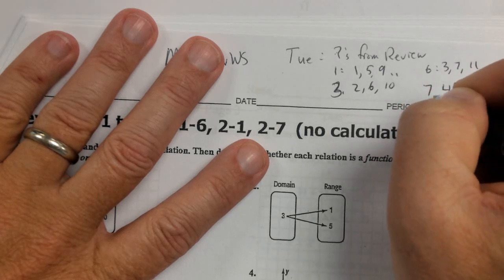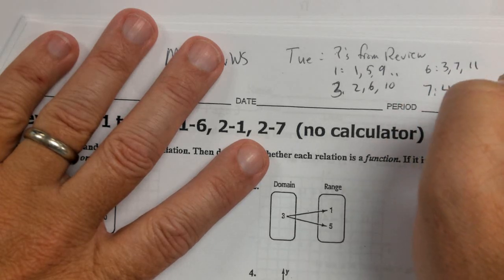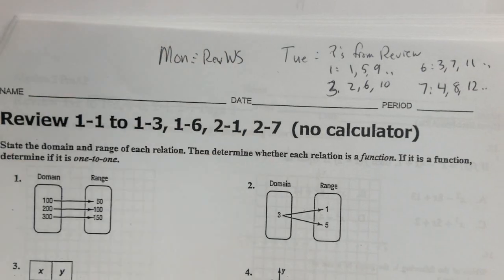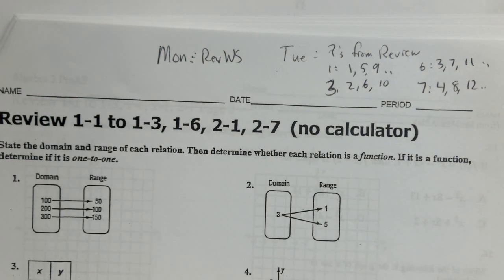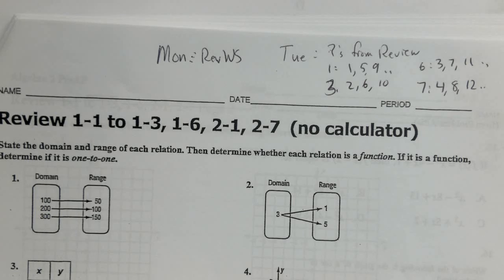Seventh period, that'll be the easy one, multiples of 4. So basically, I'll work a fourth of the review in each class, record each one, post them all, and that way you'll have access to everything. I don't expect anyone to look at all the videos, but some of you might. But that way, if there is a question on one, you can go find it and get help with it.